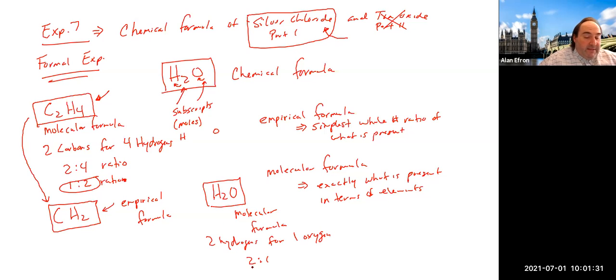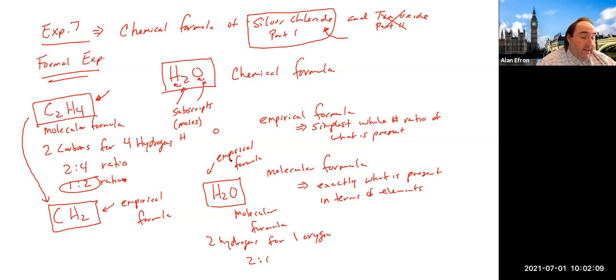If I divide by 2, I get 1 and 0.5. Can't have 0.5 of an oxygen atom, right? You've got to have a whole number. So because there's no way to reduce it down anymore, the molecular formula for water is also the empirical formula. So in some cases, the molecular formula and the empirical formula will be the same thing, because it is as simple as you can go.